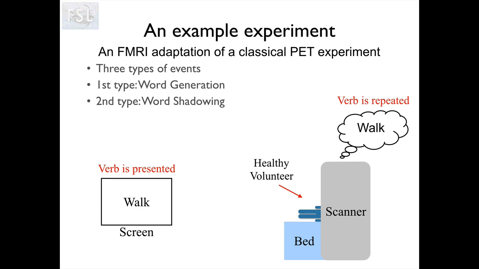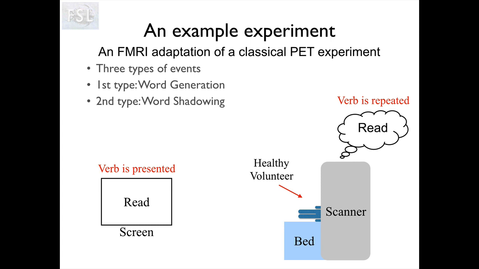The second type of event is called word shadowing. Again, the volunteer, before going into the scanner, has been instructed that whenever he sees a verb on the screen, like in this case walk, all he or she is to do is to think silently that verb, walk.